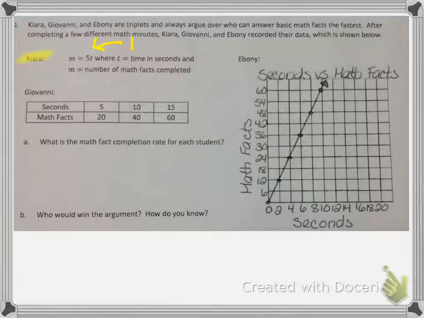So if Chiara worked for 1 second, she would complete 5 math facts. Giovanni gave us a table, and it says that if Giovanni works for 5 seconds, he completes 20 math facts, and if he works for 10 seconds, he completes 40 math facts, and so on.